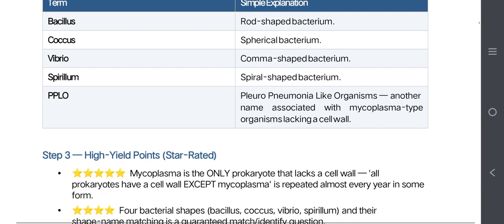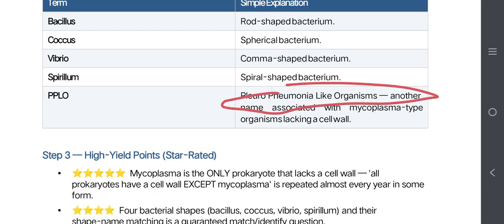And there is also PPLO, meaning pleuropneumonia-like organisms, another name associated with mycoplasma-type organisms lacking a cell wall. This is one of the main high-yield MCQs.